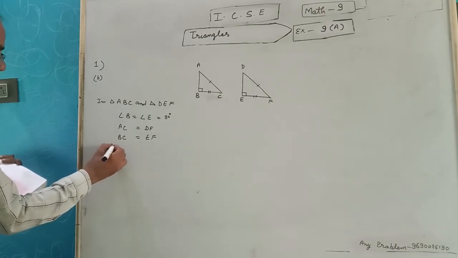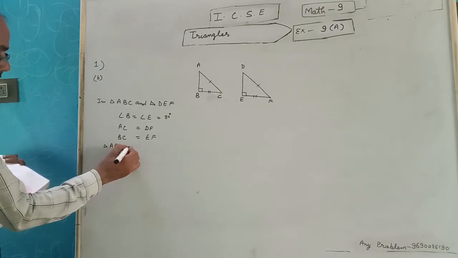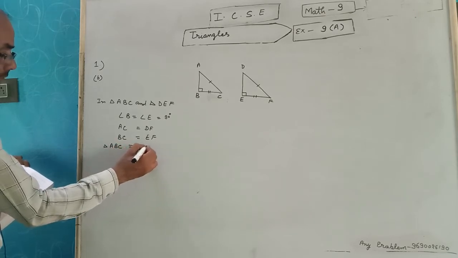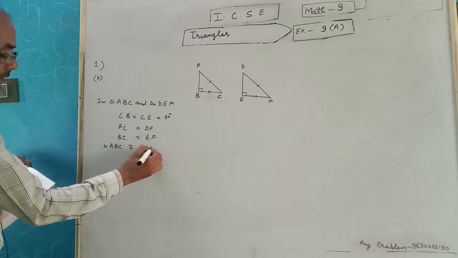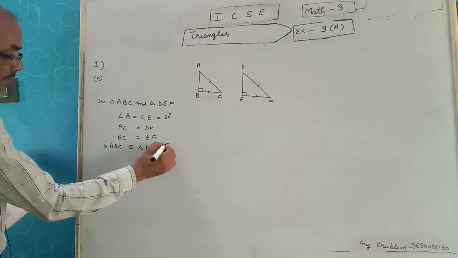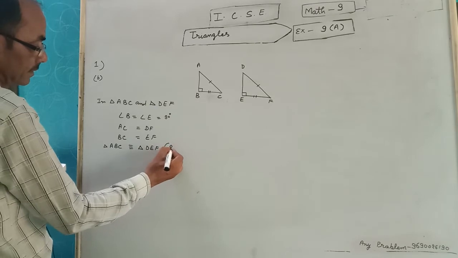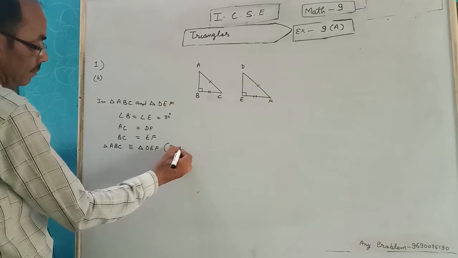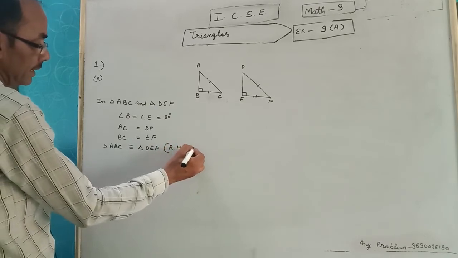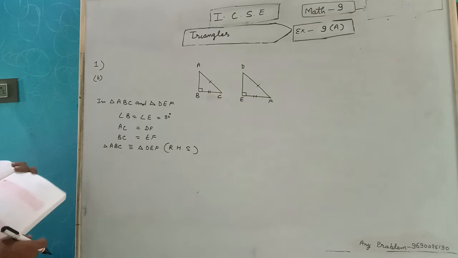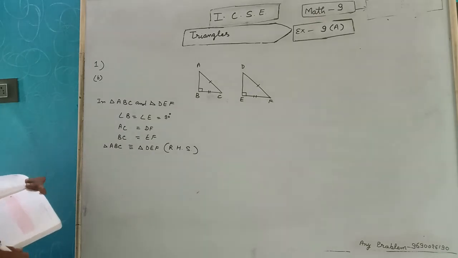Triangle ABC congruent triangle DEF, right angle, hypotenuse and side by RHS.